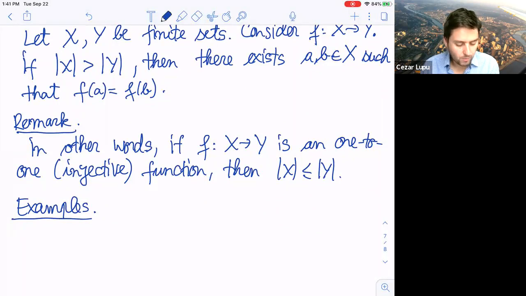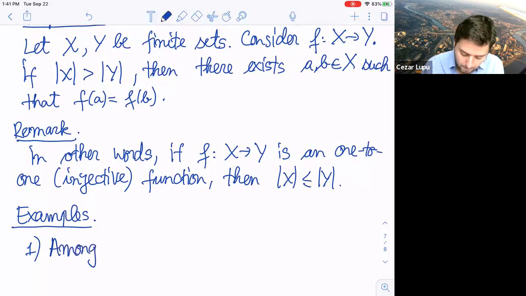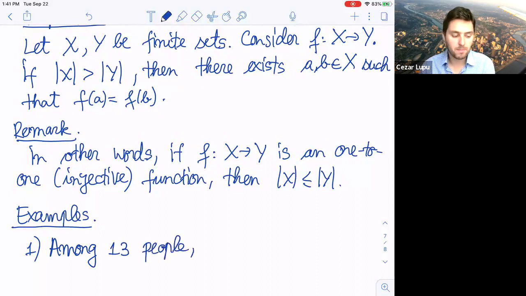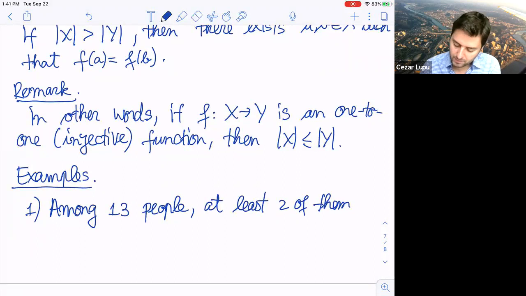For example, among 13 people, any way you choose 13 people, at least 2 of them share the same birth month, right?